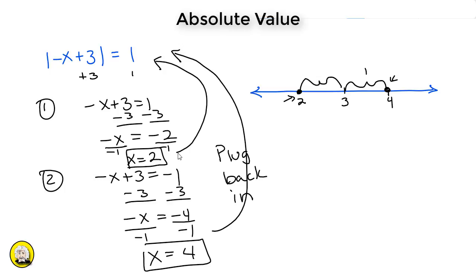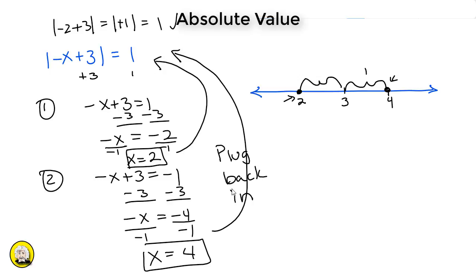So if I went back and looked at it, minus 2 plus 3, where x equals 2 in this situation, the absolute value becomes the absolute value of plus 1. First, I evaluate the expression within the absolute value symbols, and then I apply the absolute value, and of course that's 1. So that one checks.